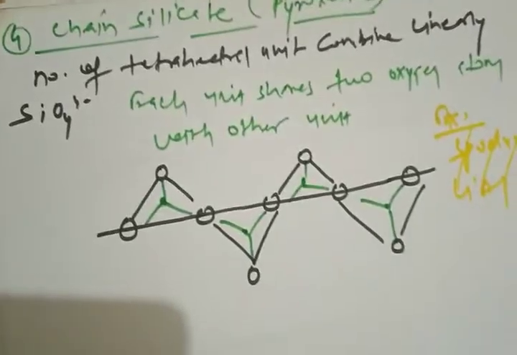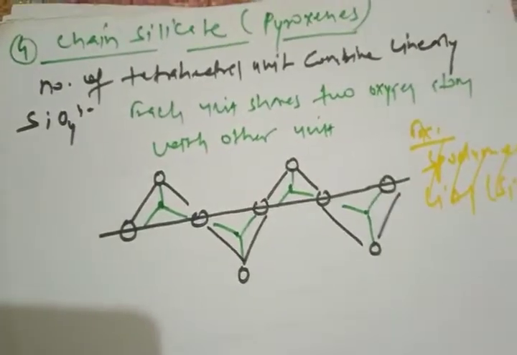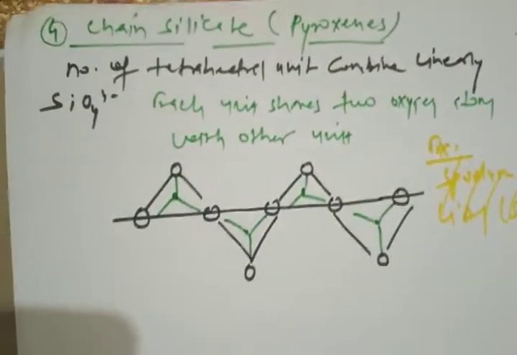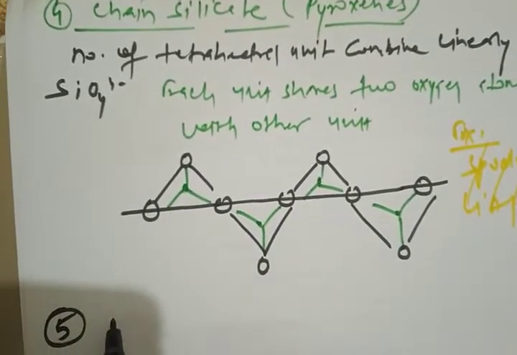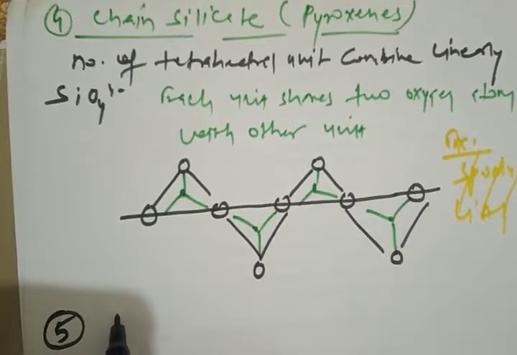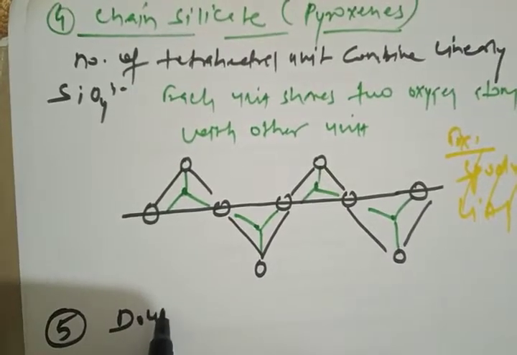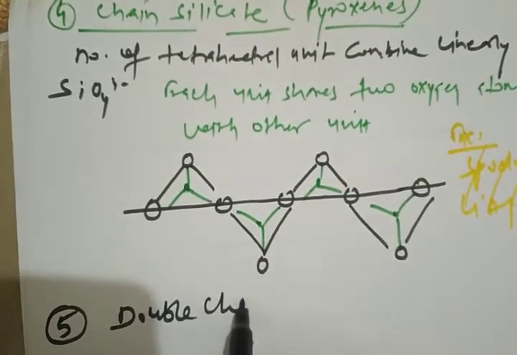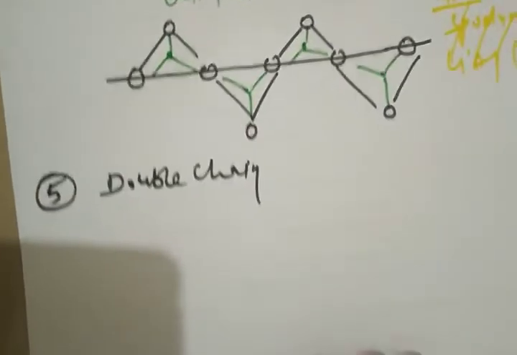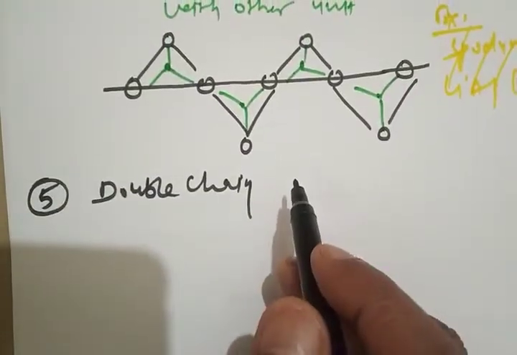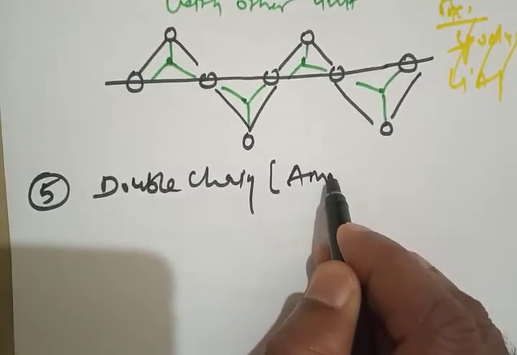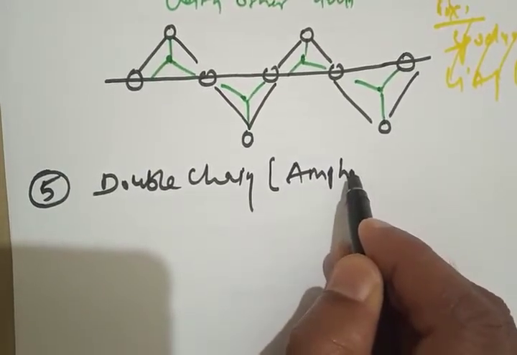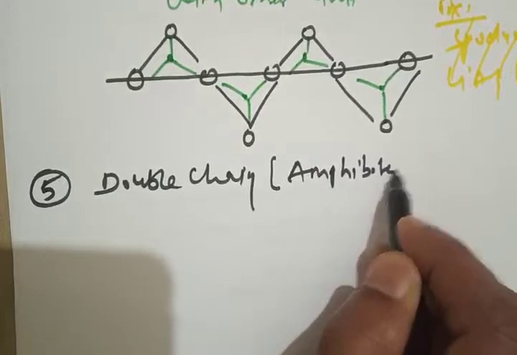Okay, so next we'll talk about the fifth one, and this is the double chain. The double chain's other name is amphiboles.